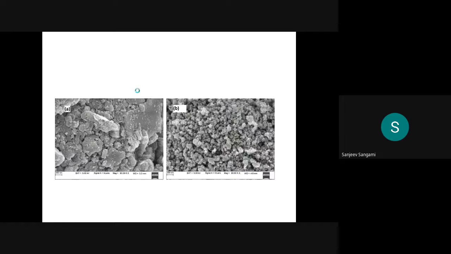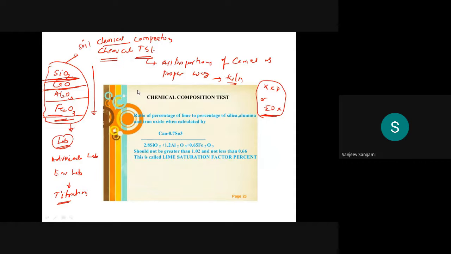So in the previous class, what I told is SiO2, calcium oxide, that is lime, as well as unhydrated lime. Then Al2O3 and Fe2O3.